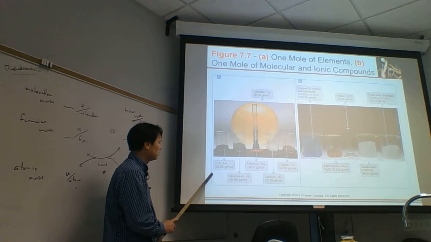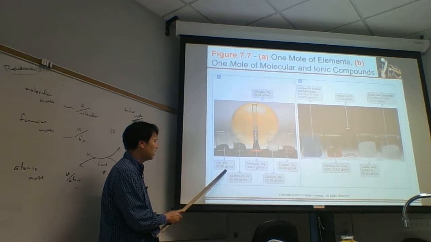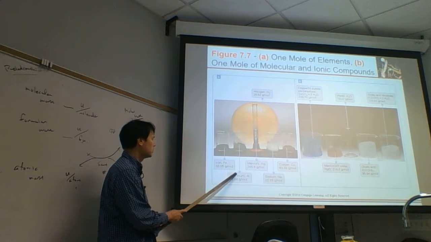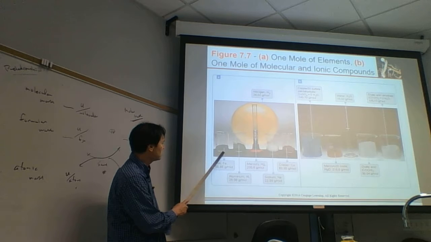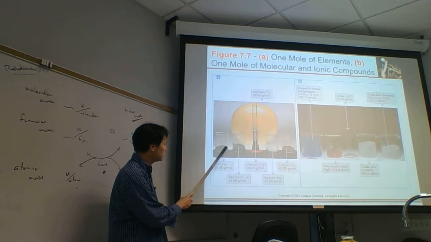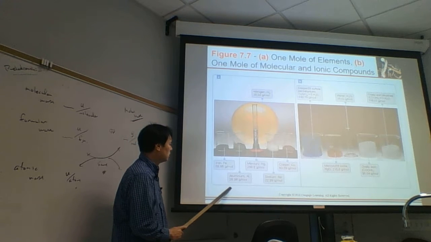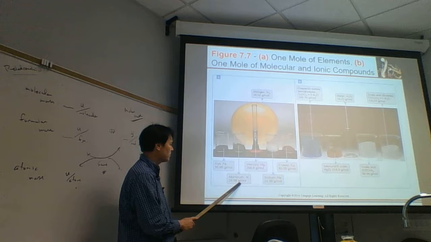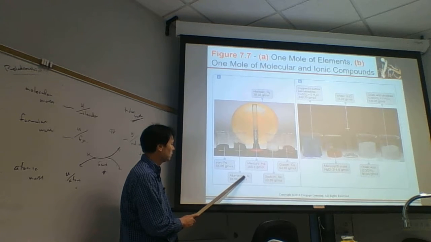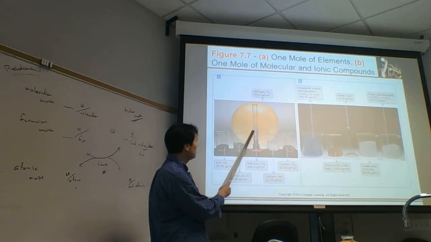Iron, Fe. The average iron is 55.85 grams per mole of atoms. And this is 602 million trillion atoms here. It doesn't take up that much volume, right? This is 26.98 grams per mole for aluminum, but it's going to be moles of aluminum atoms. The same thing, mercury. This is a mole.